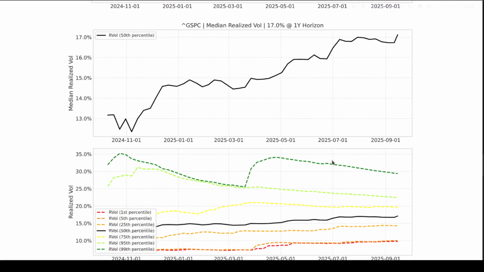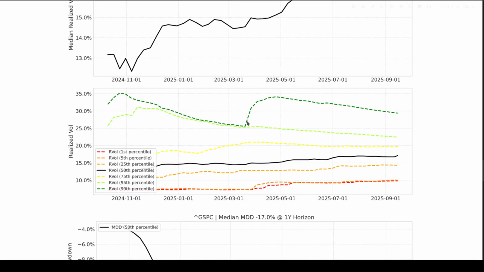And for median, we can look at median realized vol as well. And you can see that as your trading horizon increases, your median vol is also increasing, right? So your uncertainty to some extent is also increasing. But the median volatility itself has a distribution. So you can have crazy paths, right?